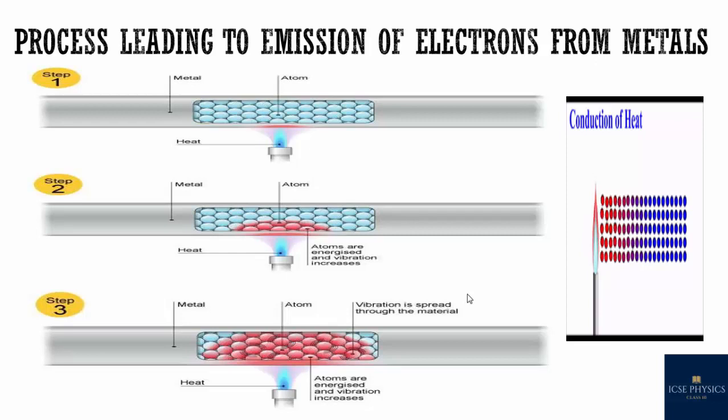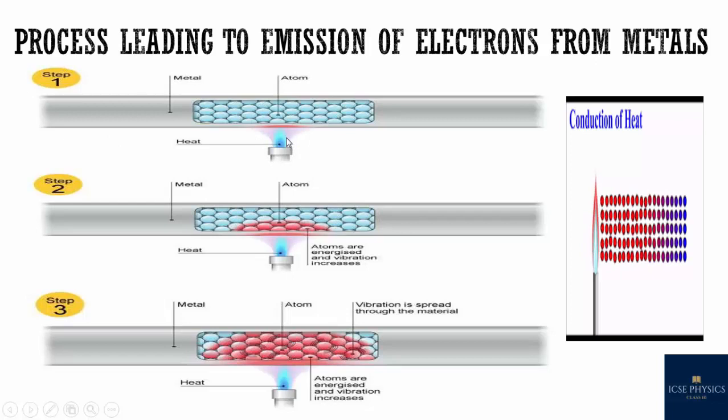Now, the process leading to emission of electrons from metal. As we have already studied, there are free electrons or conduction electrons which are loosely attached to the nucleus but are present inside the solid. Now suppose, let's see this first step.